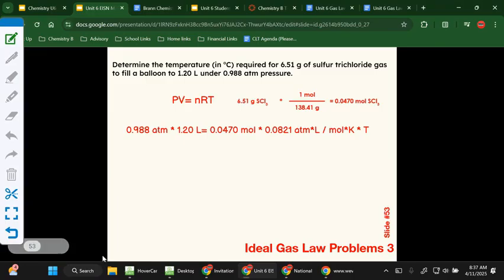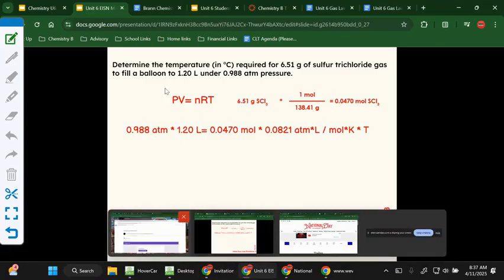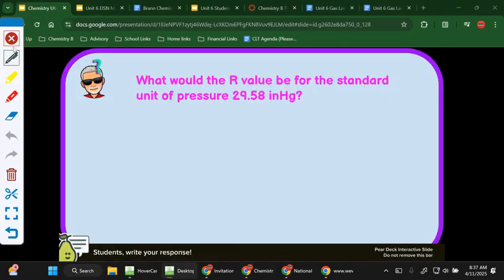Thank you. PV equals nRT. That is the formula that we are using. Okay? So we are going to use the formula PV equals nRT.